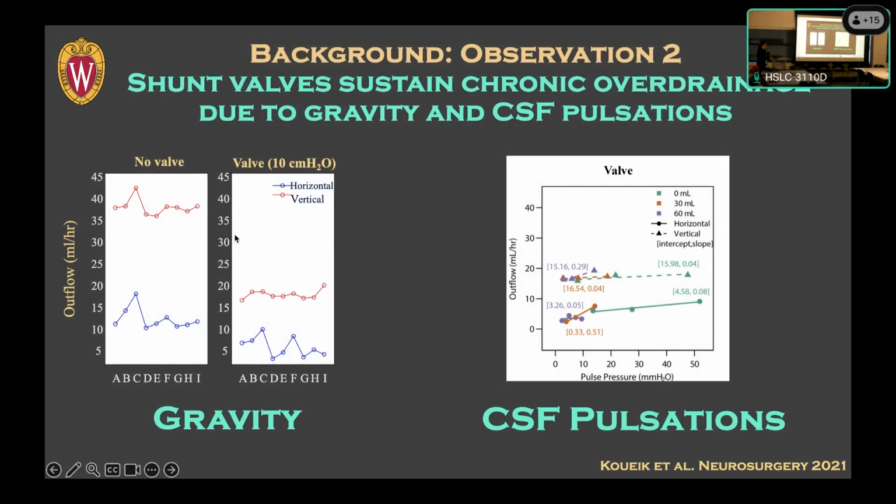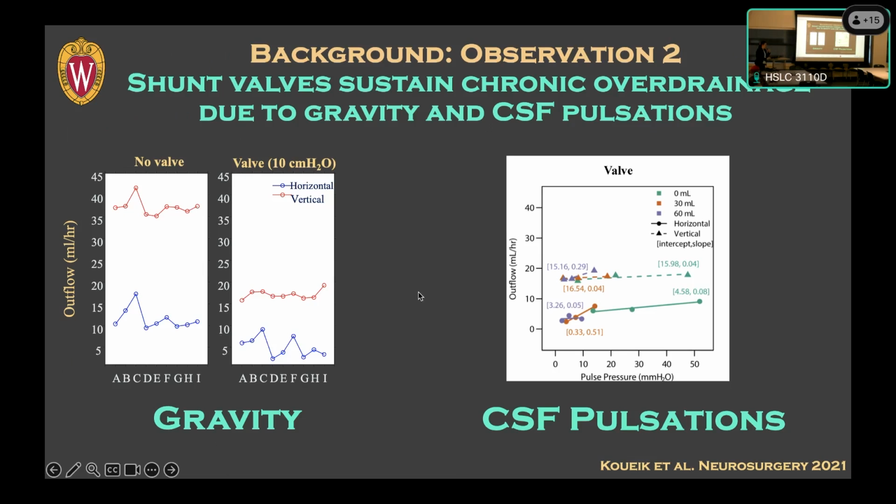And we see when there is no valve in the system, there is so much drainage happening. However, when we add a valve, this drainage decreases but is not eliminated, which means that valves slow down the flow in systems but do not decrease it as much as in the horizontal position.